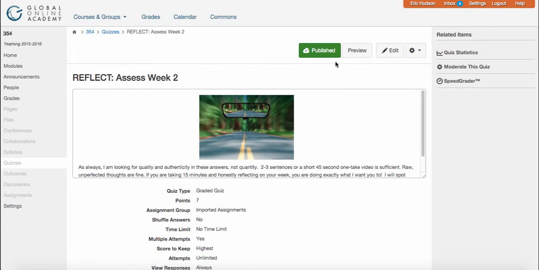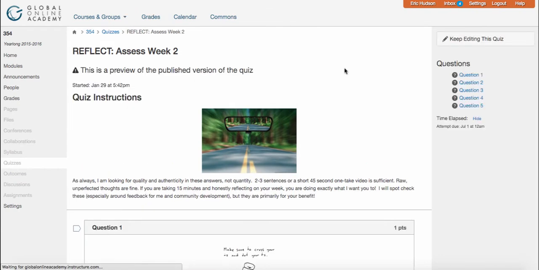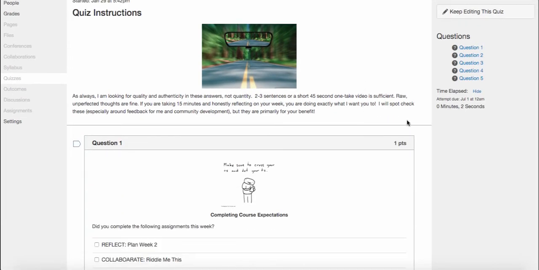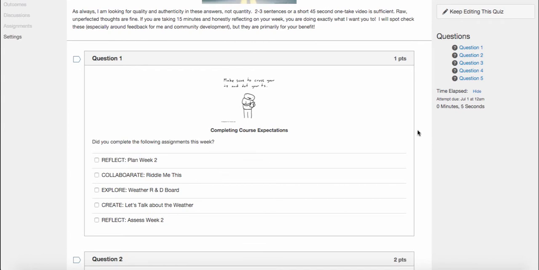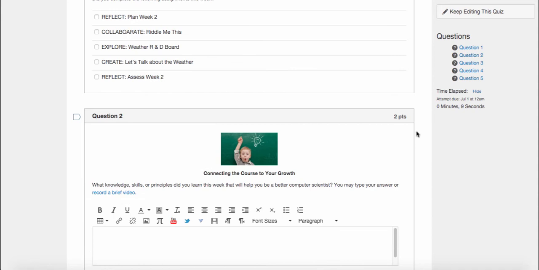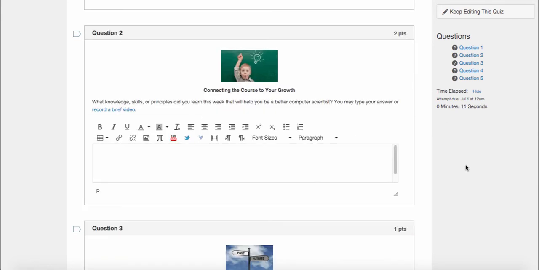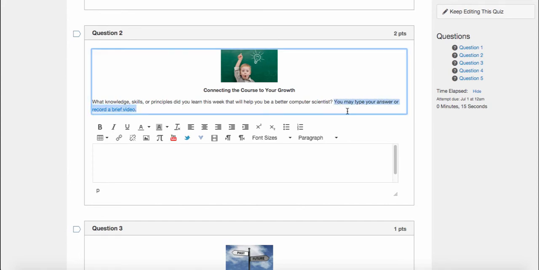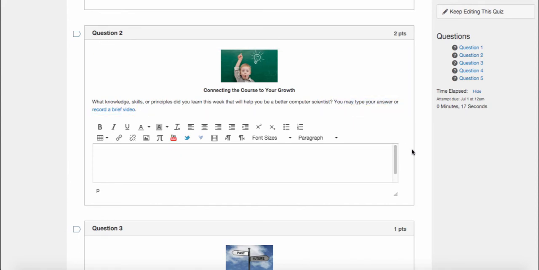In this reflection activity, the students are asked to look back on the work that they've done. They're provided with some simple checklists to make sure that they've completed the work that they're meant to do. They're asked to connect the course to their own growth as learners, and again, they're provided with a choice. They may type their answer or record a brief video.